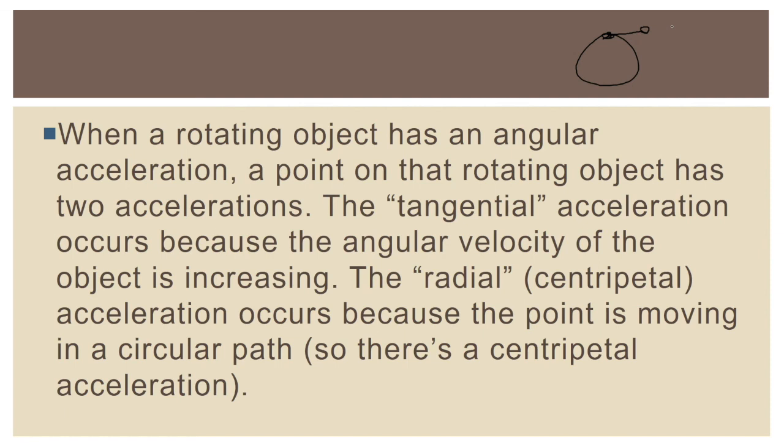In other words, a centripetal acceleration, because the point is moving in a circular path. And so because it's moving in a circular path, there must be some acceleration directed towards the center of the circle. As a result, when we talk about these linear to rotational transformations, we have to talk about both kinds of acceleration. Take a second to pause this video here and write that down. And when you hit play, we'll move on.